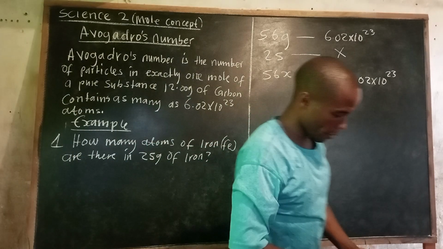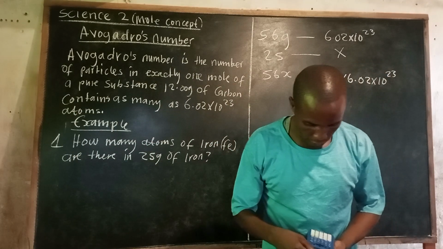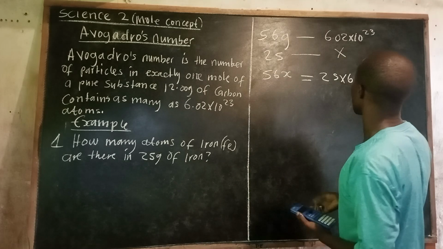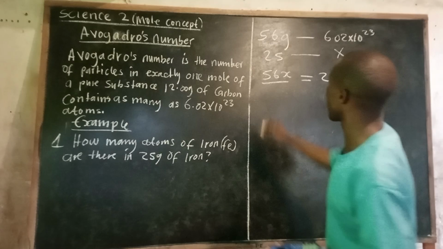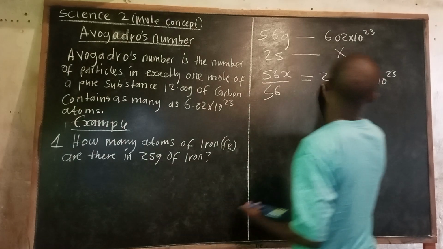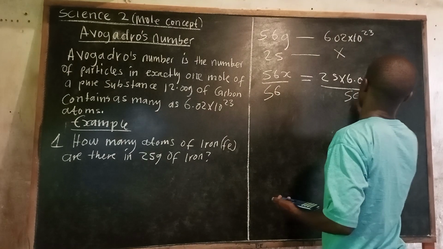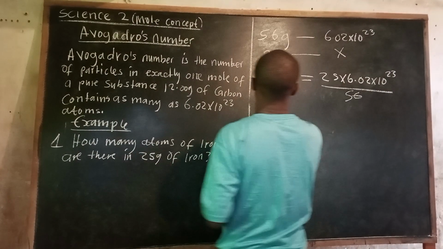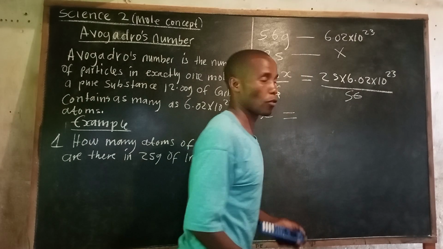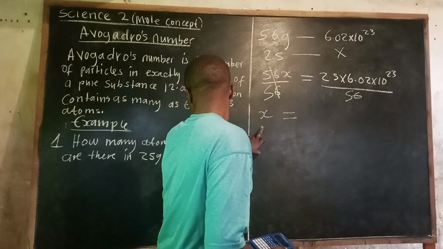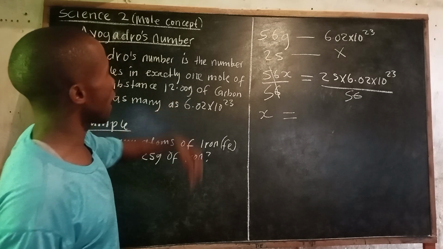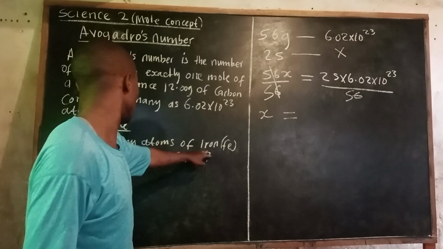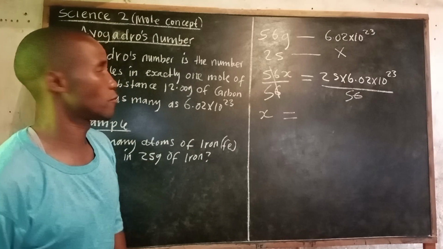Remember, in science, a calculator is very much welcomed. Here, we divide by 56, since we are solving for x and want to remain with x on this side. So the value of x will be the total number of atoms of iron in 25 grams.